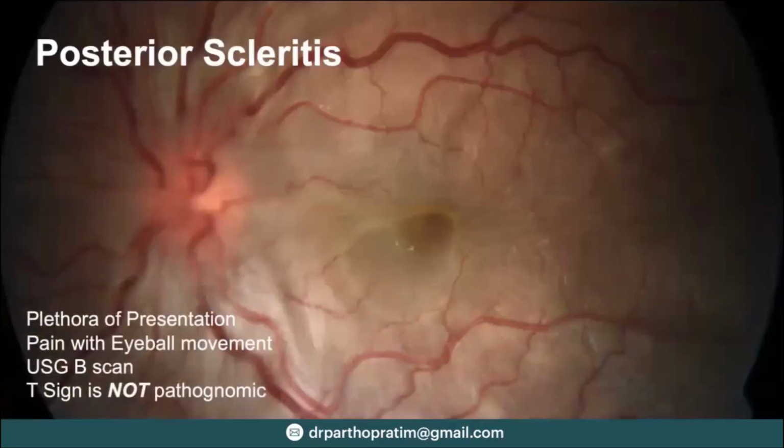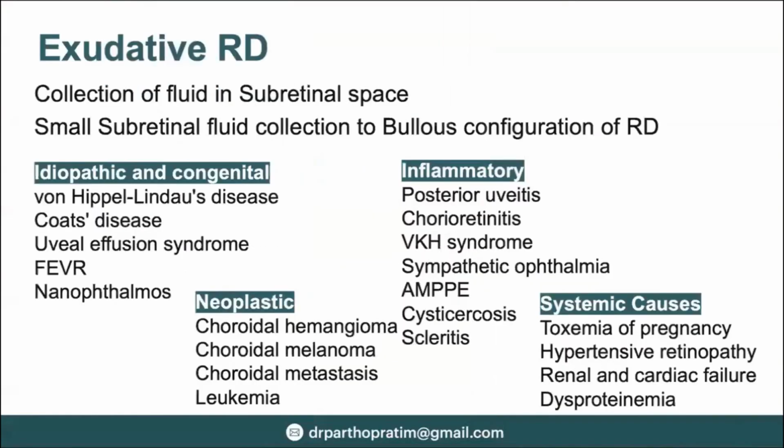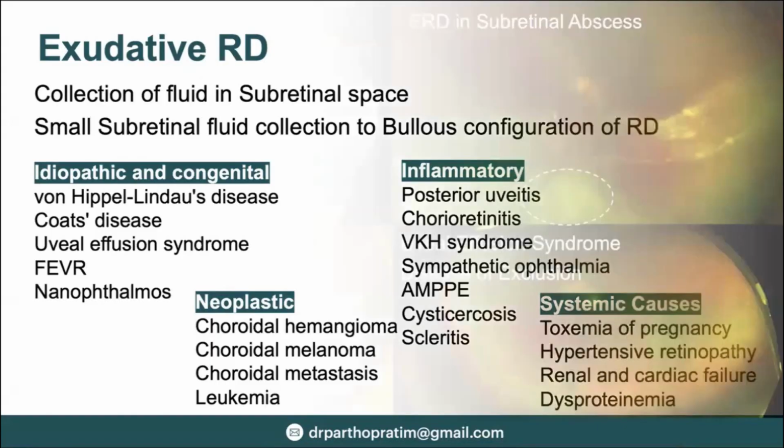Another most important condition which can have a similar presentation is posterior scleritis, which has a plethora of presentations and has pain on eyeball movement, USG B scan, and T sign. T sign is not pathognomonic. So here is a big list of exudative RD, and I'm sure it's not possible to rule out all. So the best way is to take the uvea-related history, examine the eye thoroughly, take the help of ancillary investigations, and then try to clinch the diagnosis.